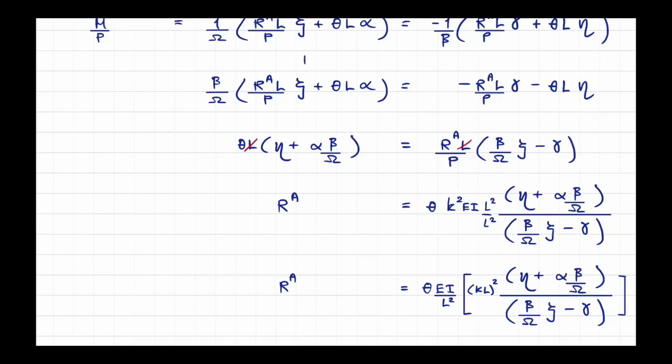Line number 2, beta over omega. I move from the left side to the right side, so I need this minus, and this is also minus.